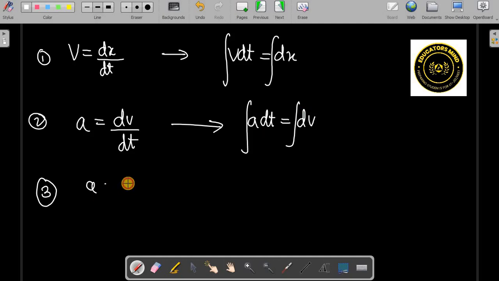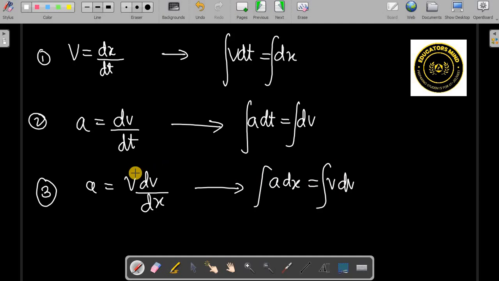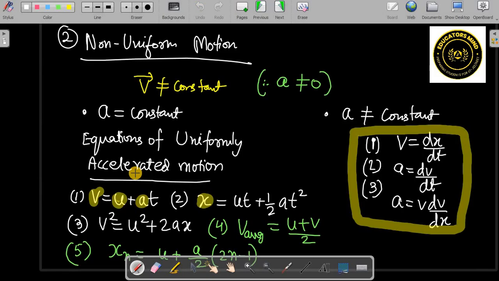Similarly, acceleration equal to v dv by dx can be integrated by bringing dx to one side. So the same thing can be used for integration and differentiation. Where and how to use it, we'll see during the problems. Okay, right. So these are the important types of motion.